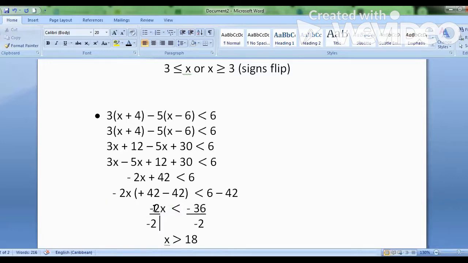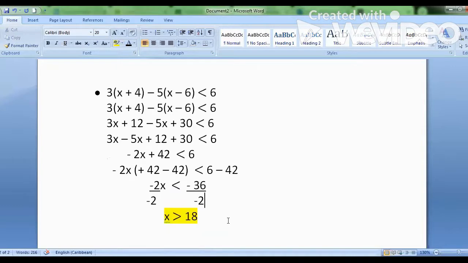In other words, if this was positive and you divided by 2, the sign won't change. All right, so that's the answer. Very good. Any questions? You guys need time to write this off? I'm going to give you a minute to write this off.